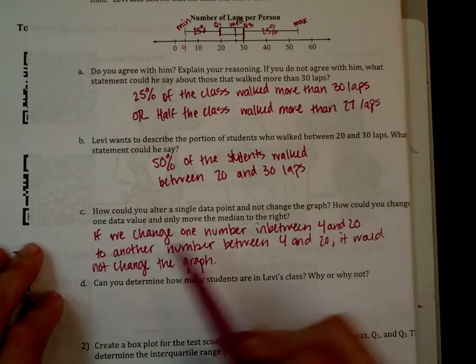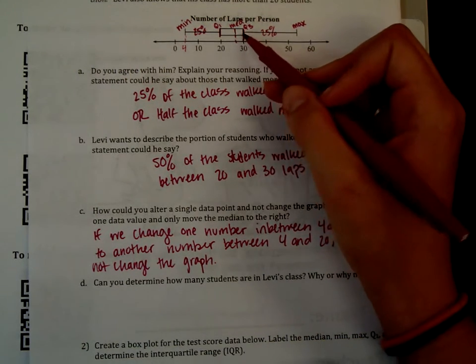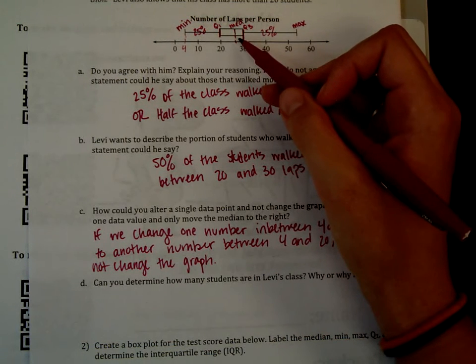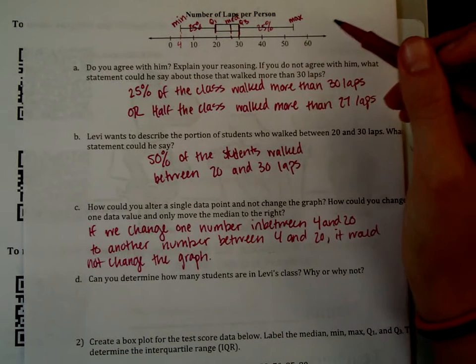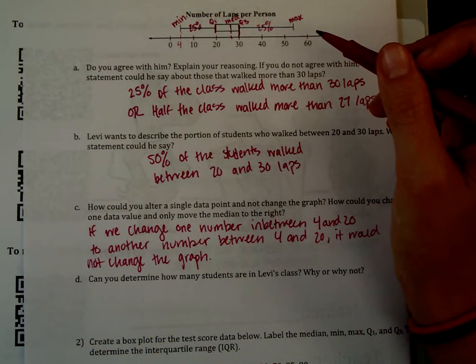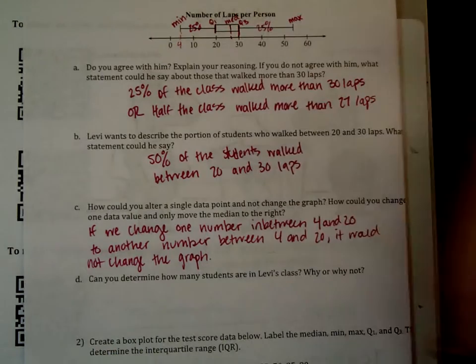And then it says, how could you change one data value and only move the median to the right? So if we wanted to move the median to the right, we would want to make the median bigger, which would mean we'd have to take one of the smaller data points and move it into the bigger data points.